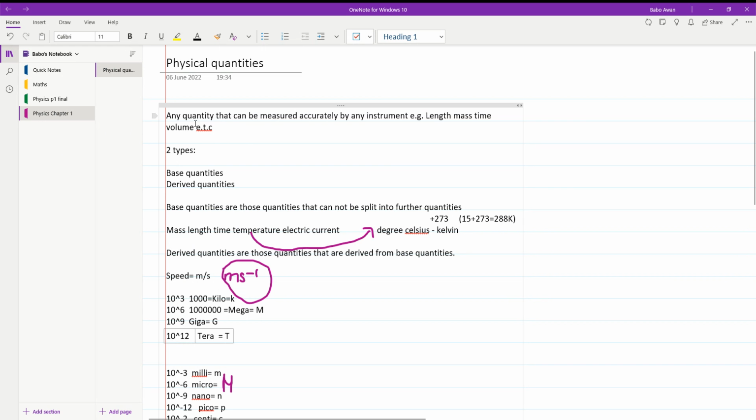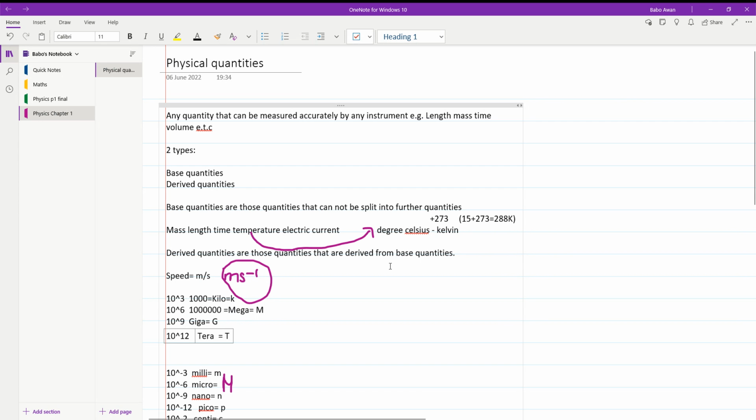Just a quick overview. Physical quantities are any quantities that can be measured accurately by any instrument, for example, length, mass, time, volume, etc. Physical quantities have two types: base quantities and derived quantities. Base quantities are those quantities that cannot be split further into other quantities. Examples could be mass, length, time, temperature, electric current.